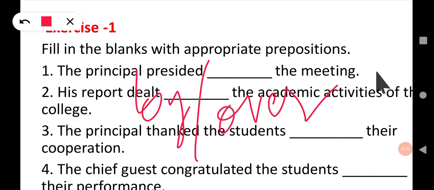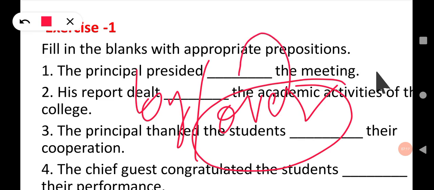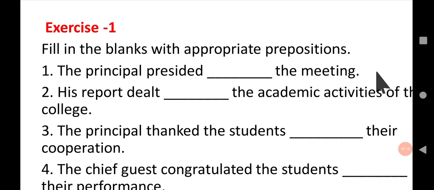Let us say a meeting is going on in the college, and whoever comes as the head or the guest of that meeting is used with this phrasal preposition, presided over. So he is taking the head position for that meeting. Here you have to use over, presided over.